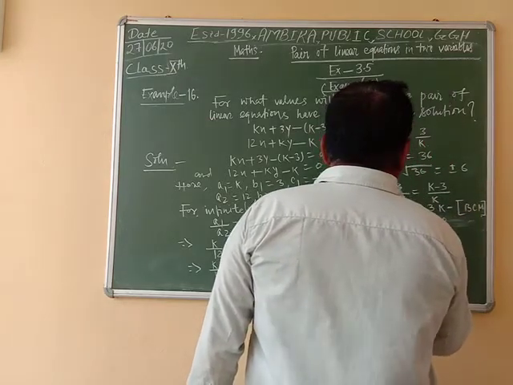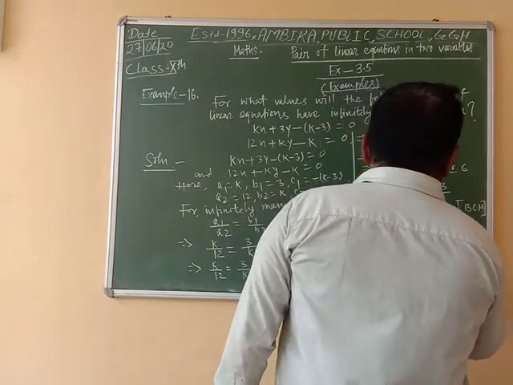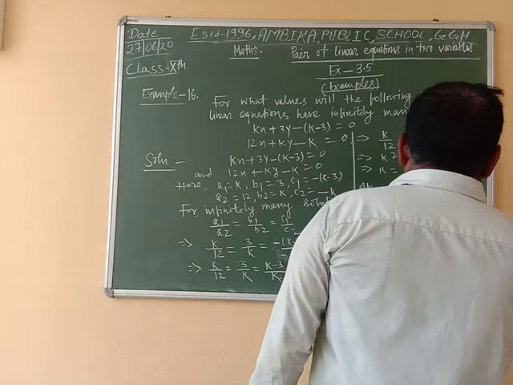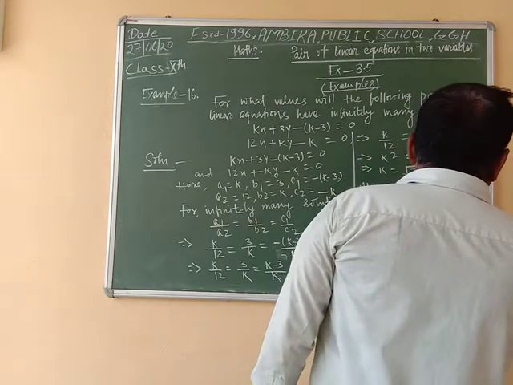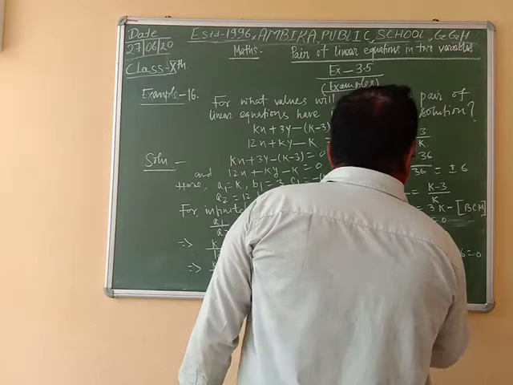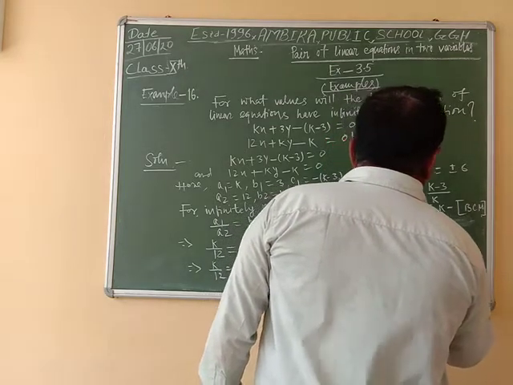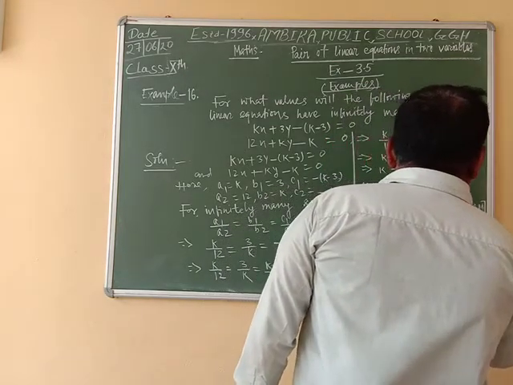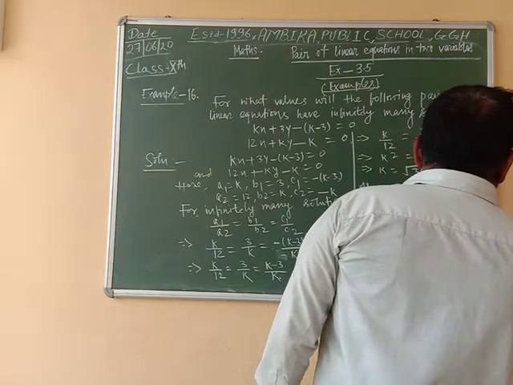Therefore k is equal to 0 and k minus 6 is equal to 0. If k minus 6 is equal to 0, then k is equal to 6.